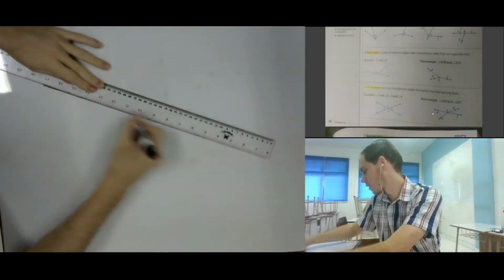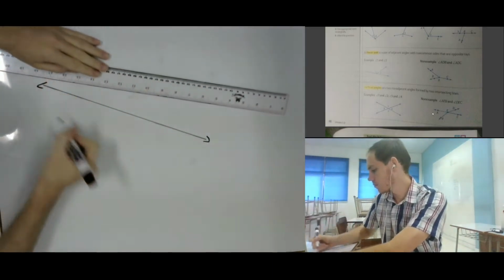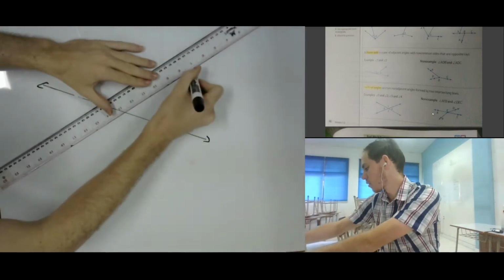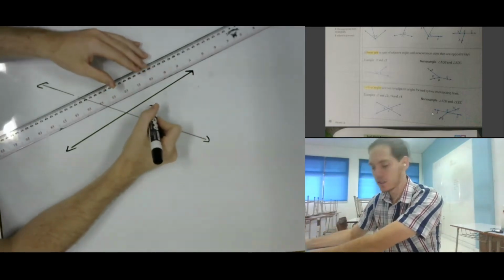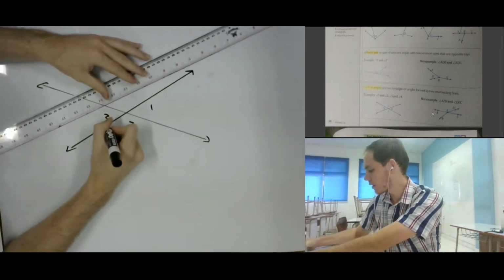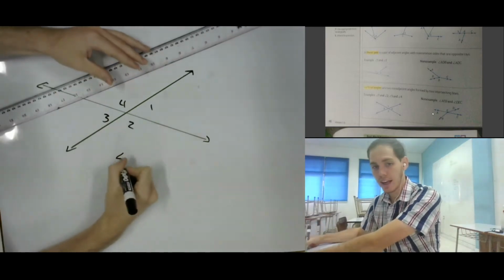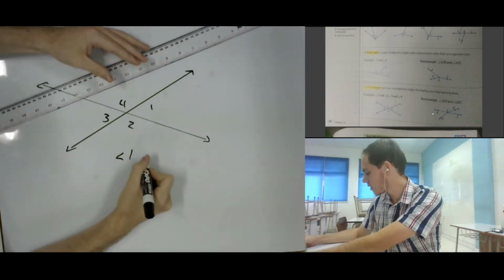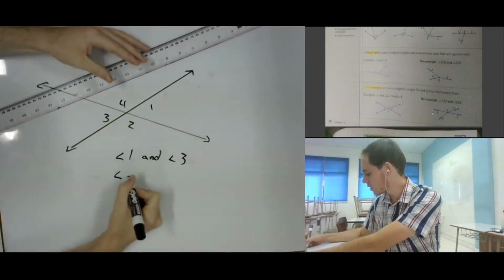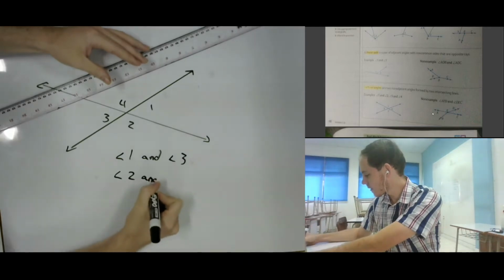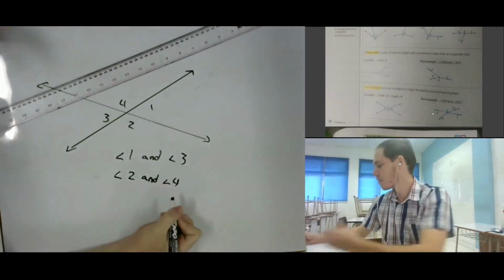Vertical angles are two non-adjacent angles formed by intersecting lines. So if you take two lines, if this angle is 1, 2, 3, 4, then angle 1 and 3 are vertical, and angle 2 and angle 4 are vertical, okay?